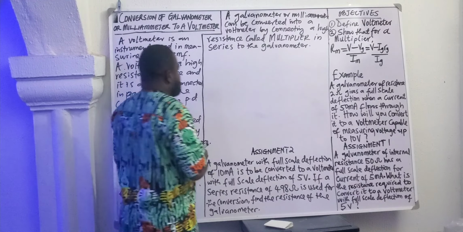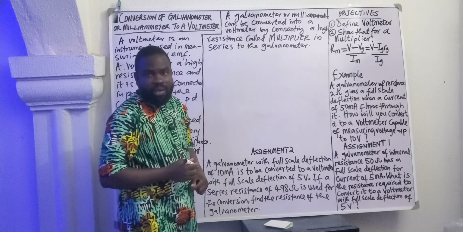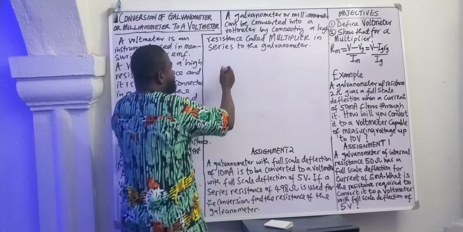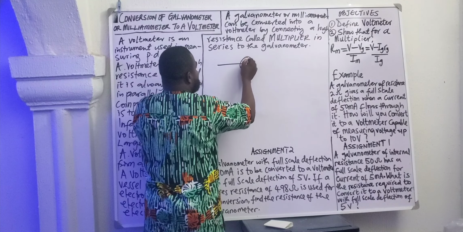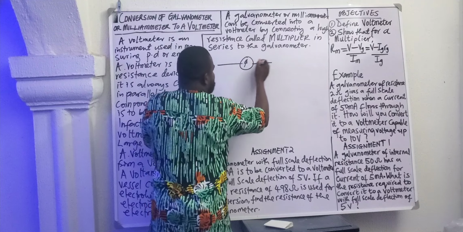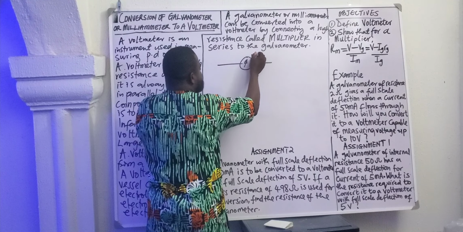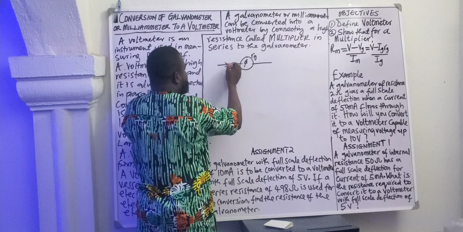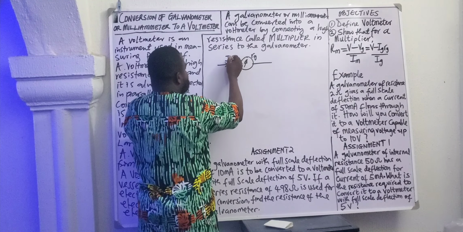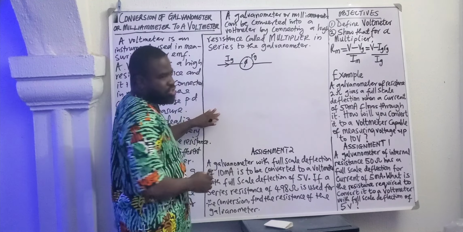Let's consider this hypothetical example. Let's have the galvanometer whose internal resistance is RG, and the current flowing through this galvanometer, let it be IG.